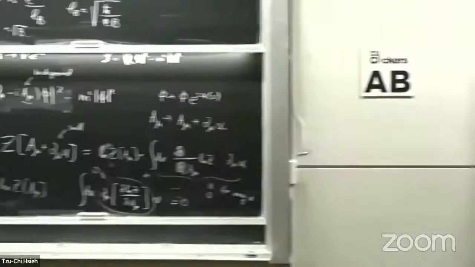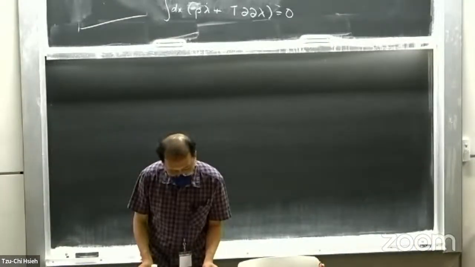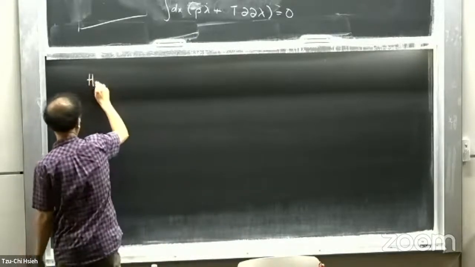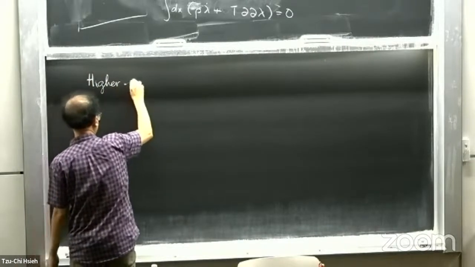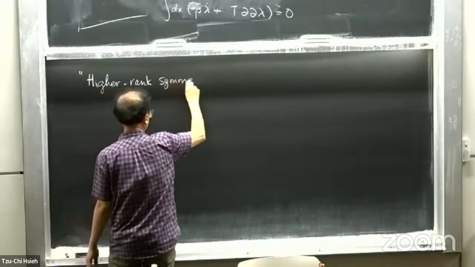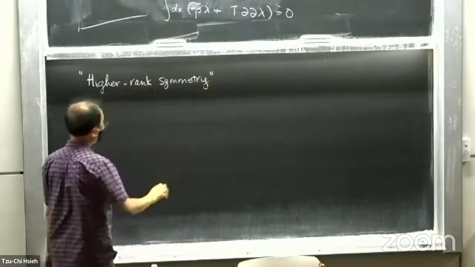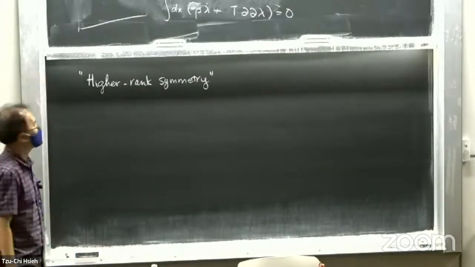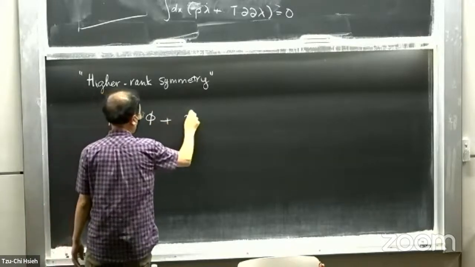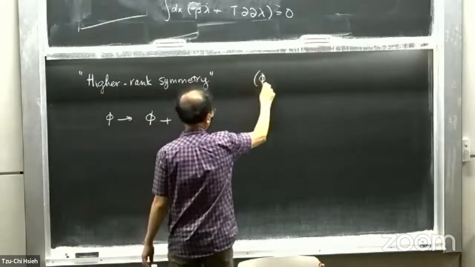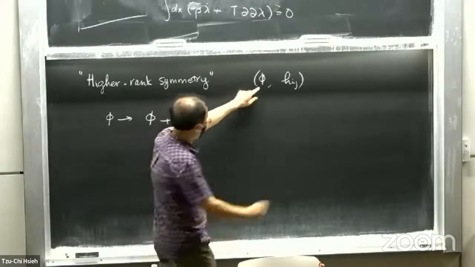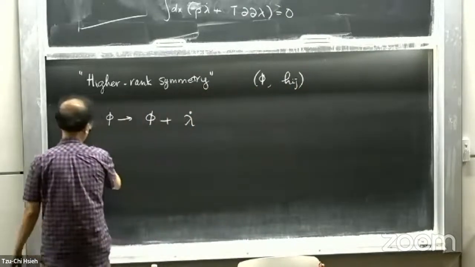But what we are seeing here is that the problem has to have a certain higher rank symmetry. The terminology is already used in the fracton literature, where we have a gauge field phi combined with the metric, and the metric transforms like this.